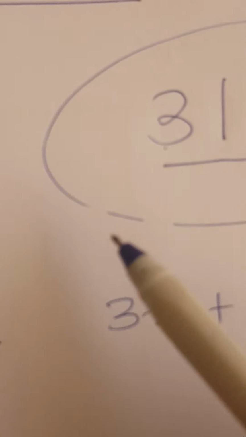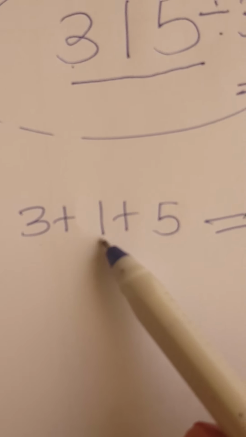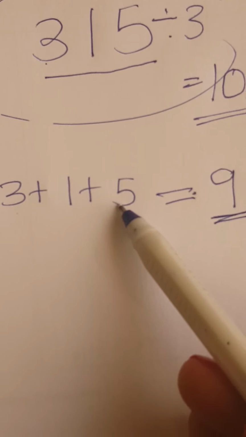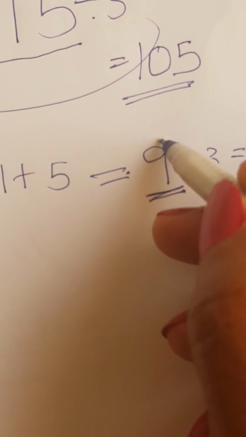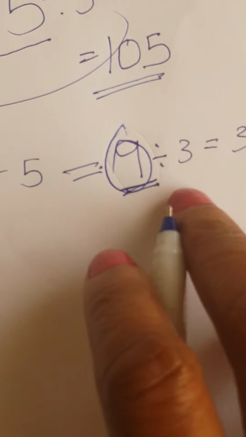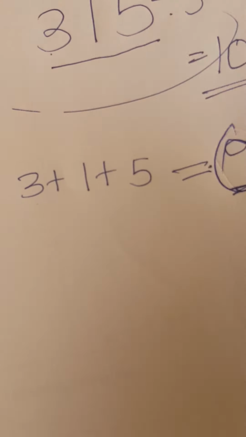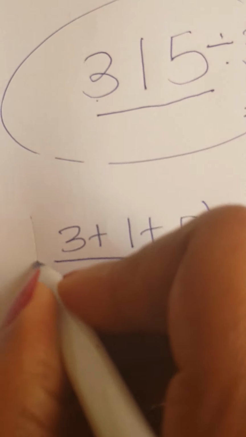Now, this is the 315. We added 3 plus 1 plus 5. It gave us answer 9. Can 3 divide 9? Yes. I am not telling you to add it up and divide it. The answer is not 9. What I'm trying to tell you, if you had to find out if a number can be divided by 3, is you just add the number up.